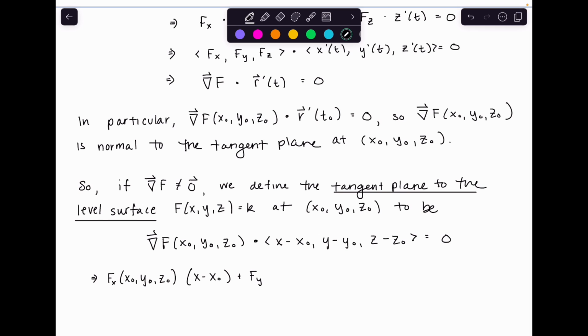Then the partial with respect to y at that specific point, times y minus y naught. And finally, the partial with respect to z at that particular point, times z minus z naught equals 0.